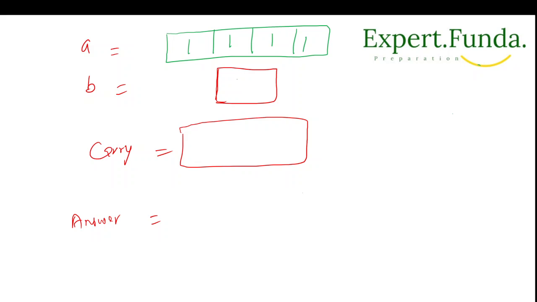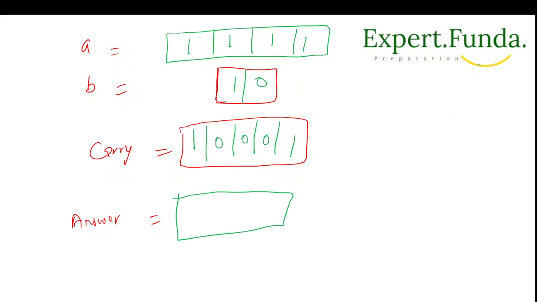We have 1 0, and then the final carry will be 1 0 0 0 1, let's suppose. The final answer will become like this, because carry has 0 1, which you can say in base 2 binary.